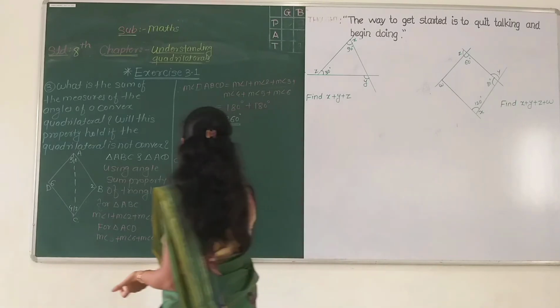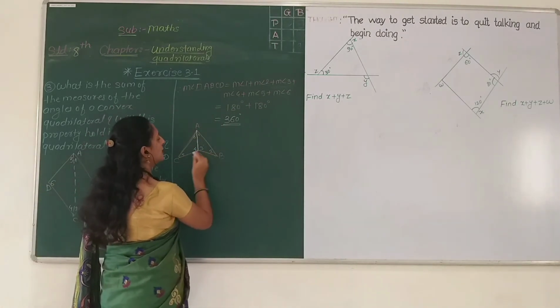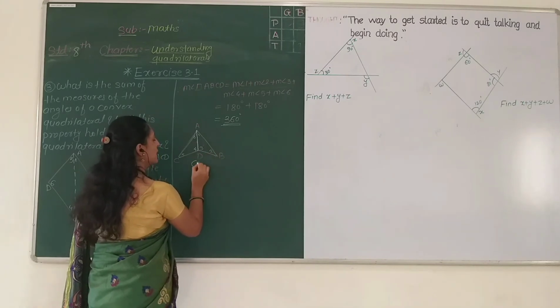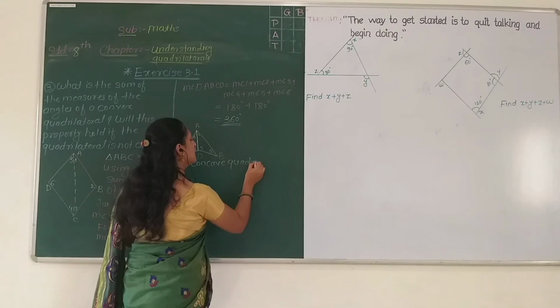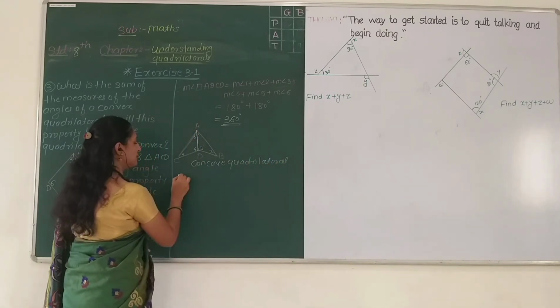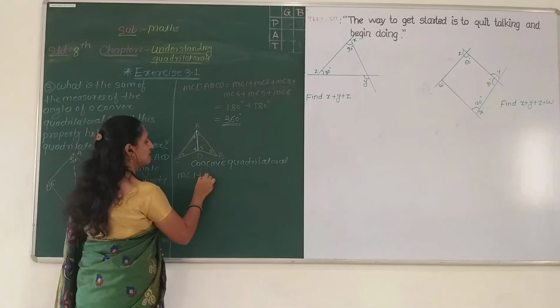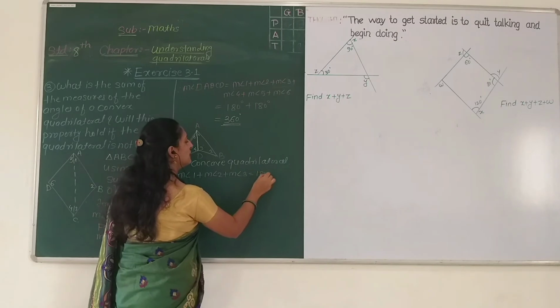Okay, so in the case of a concave polygon also, this is our concave quadrilateral. For this quadrilateral also we can write measure angle 1 plus measure angle 2 plus measure angle 3 is equal to 180 degrees.